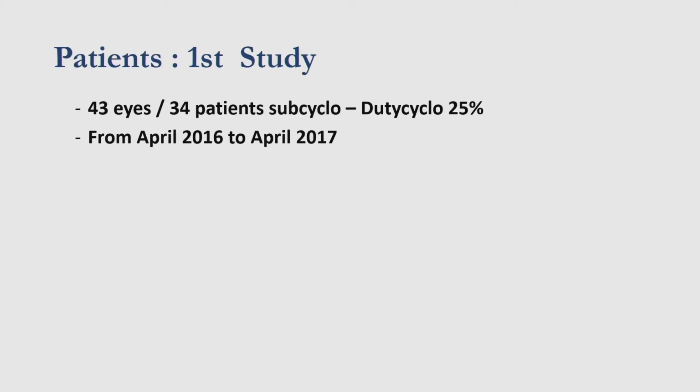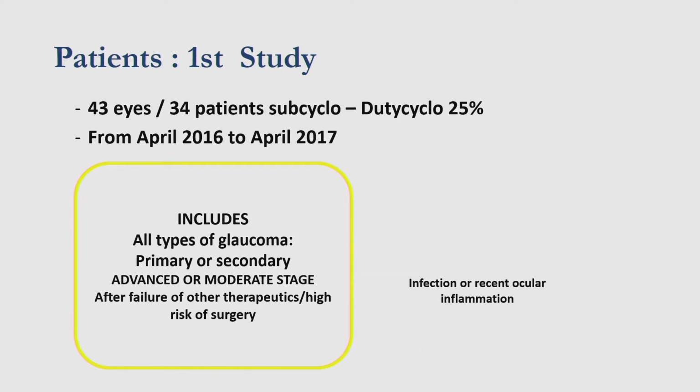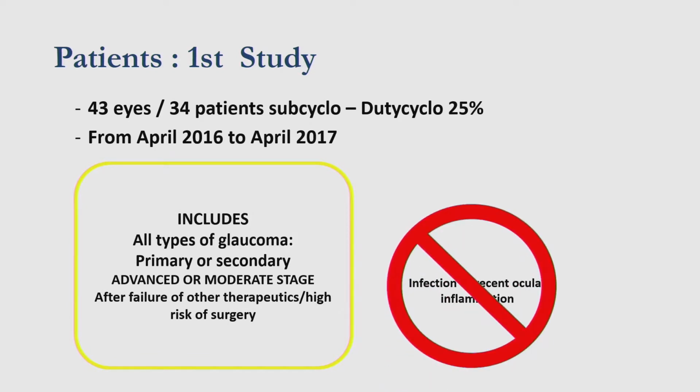In the first study, 43 eyes of 34 patients were treated by SubCyclo with a duty cycle of 25% in the Glaucoma Institute of Saint-Joseph Hospital in Paris, from April 16 to April 17.